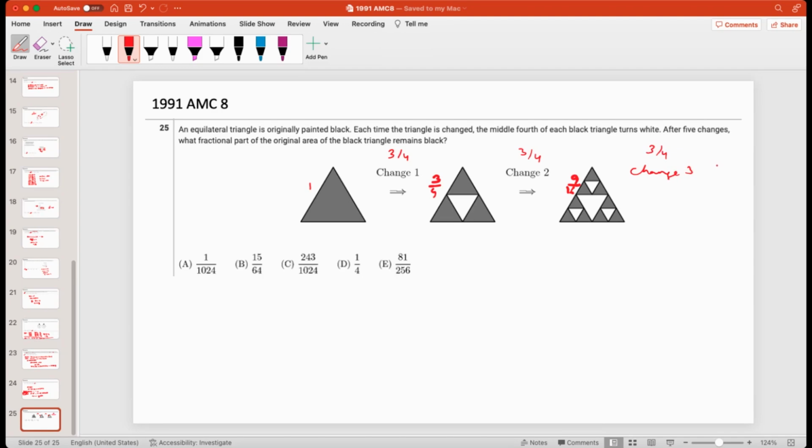Then we have change 4, this will also be 3 by 4. After 5 changes, we have change 5, which will also be 3 by 4. So the result is 3 by 4 to the power 5, which is nothing but 243 by 1024. Answer option C.